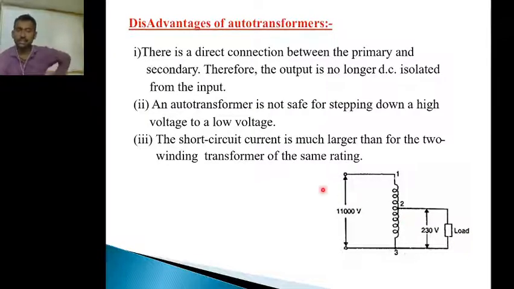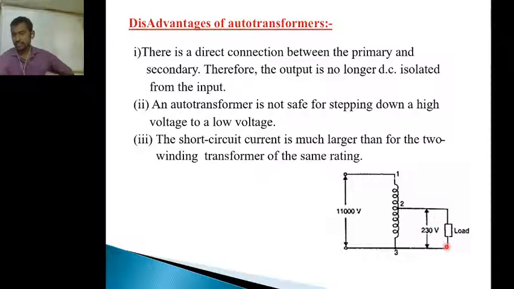Similarly, the short circuit current is much larger than for a two winding transformer of the same rating. Why? Because we consider the same diagram for this disadvantage also. If you short circuit the secondary side, then some portion of the primary winding is linked with the secondary winding.